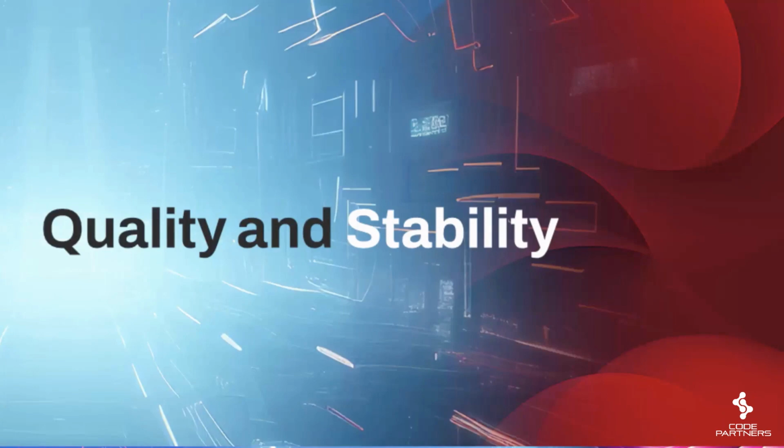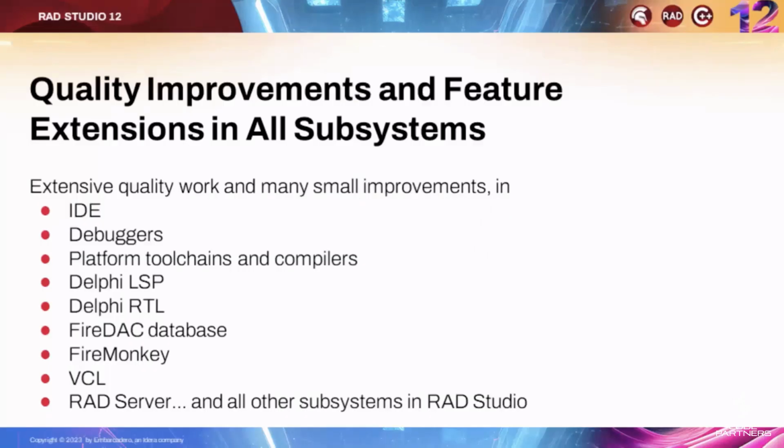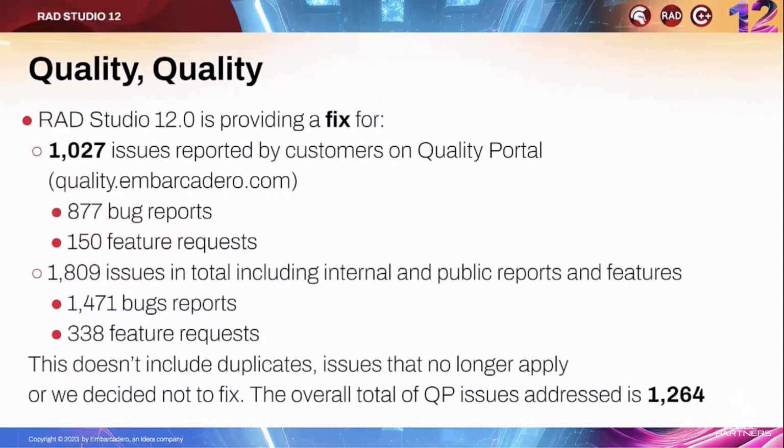It's really a huge release, and we've also done a lot in terms of quality that probably doesn't show fully in this slide deck, but what I wanted to highlight here is the areas where we've done quality. It's almost everywhere, but in RAD Studio 12 we're really providing a large number of fixes. We have addressed with a fix over 1,000 issues reported by customers on Quality Portal, whether it's bug reports or feature requests.